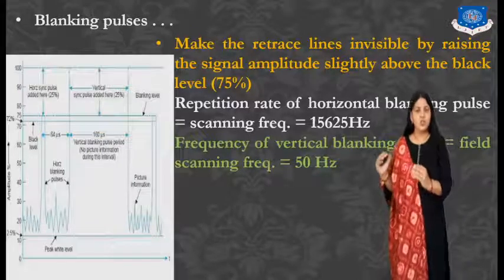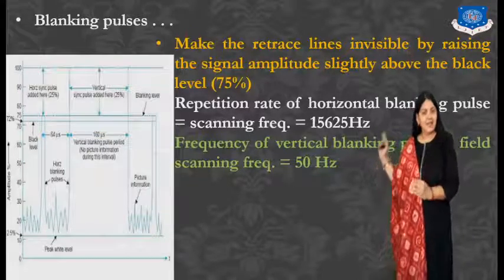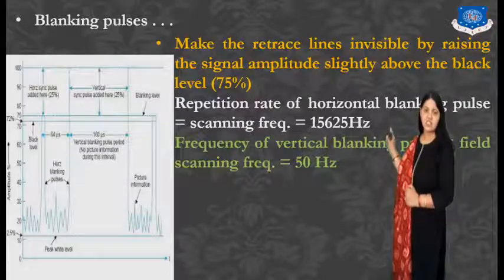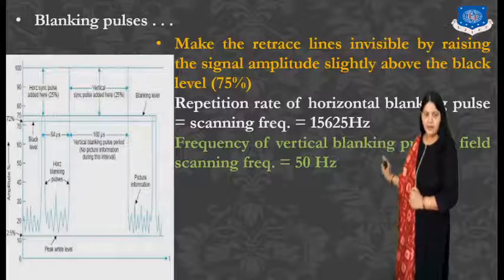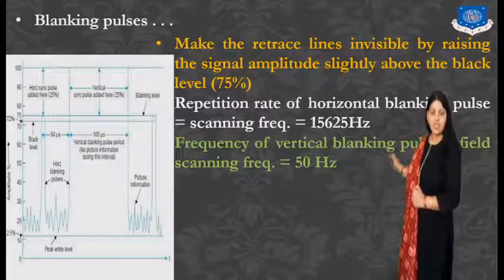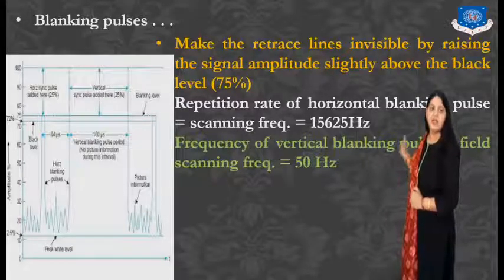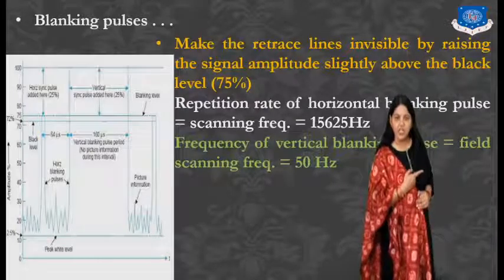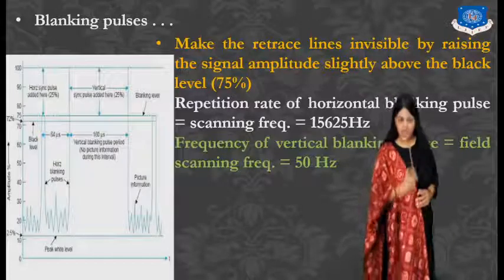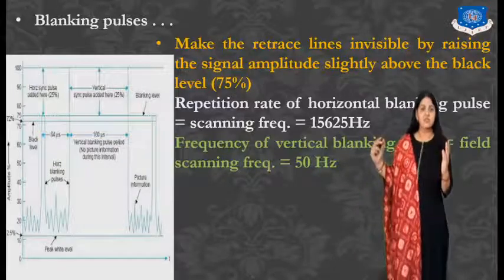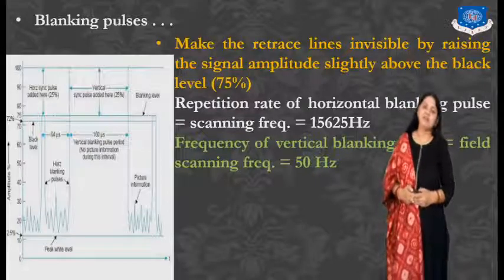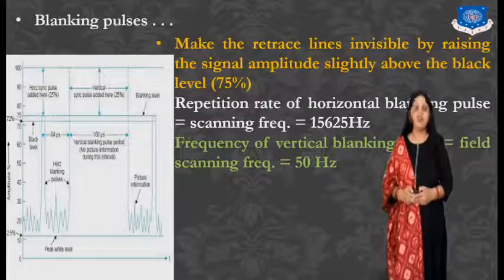The repetition rate of the horizontal blanking pulse is equal to the line scanning frequency, 15625 Hz, and the frequency of the vertical blanking pulse is equal to the field scanning frequency, 50 Hz. This is the blanking pulse that is sent at the end of one particular line.